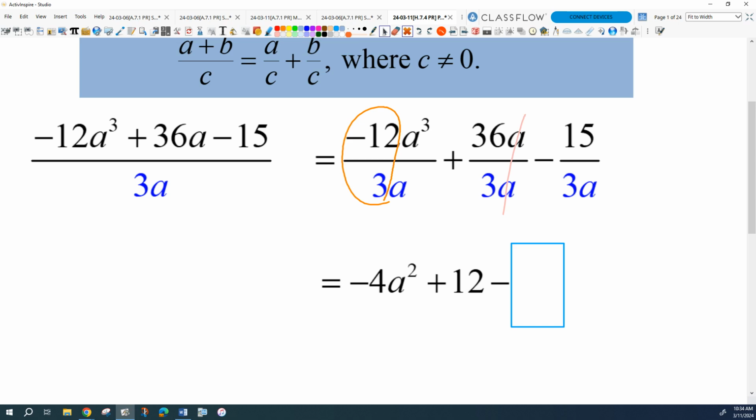Okay, gotcha, 5. And then what about the variables? Yeah, the a stays on the bottom, right? There's nothing to cancel the a on the top, agreed? So we're just going to end up with that. Okay, no big deal. So again, the strategy we have if we're dividing a polynomial by a monomial is just break it up into separate fractions and simplify each one. Okay, piece of cake. That's not a big deal.